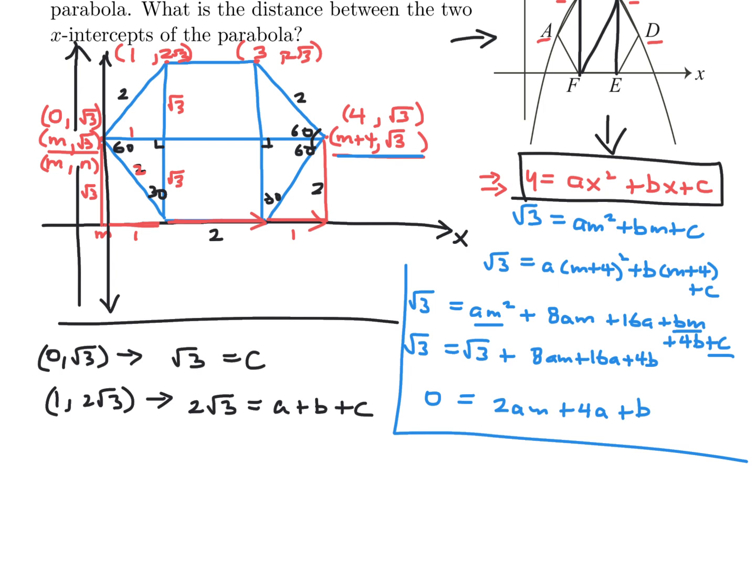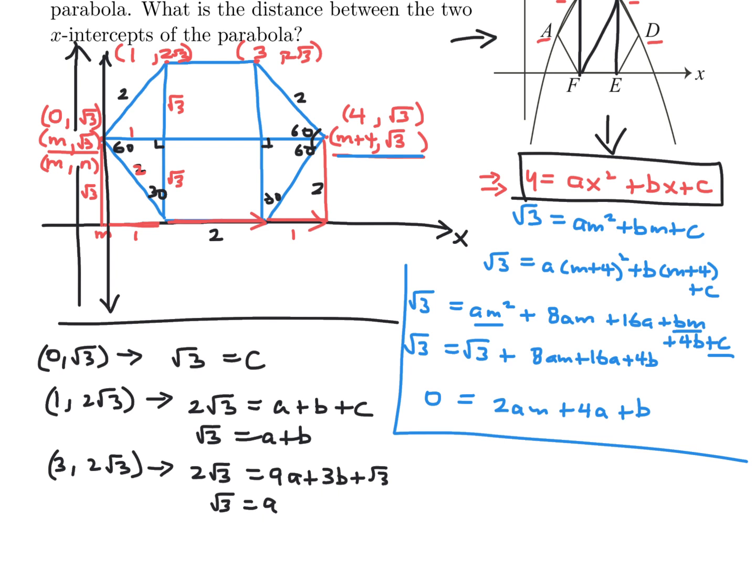But c is root 3, so that just means that root 3 is equal to a plus b. Let me just double check. Yeah, that's correct. And then the next point, 3 and 2 root 3, if we put that in, that's going to give me 2 root 3 is equal to 9a plus 3b plus c. But c is root 3, so this is just root 3 is equal to 9a plus 3b, I believe.